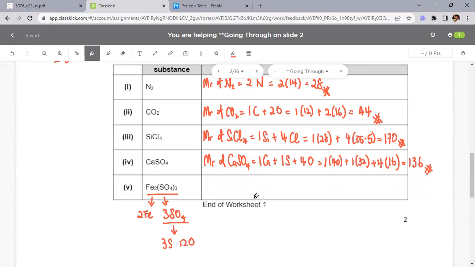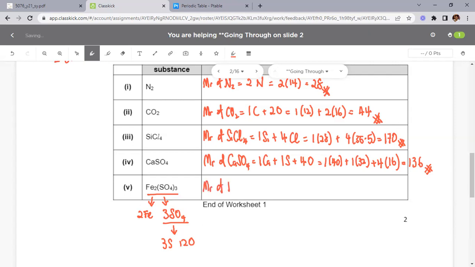I'll say again, Fe2(SO4)3 tells me there are 2 iron, so 2 Fe. SO4 with bracket 3 tells me I've got 3 sulfates, 3 SO4. So 3 times this means I've got 3 sulfur and 12 oxygen.